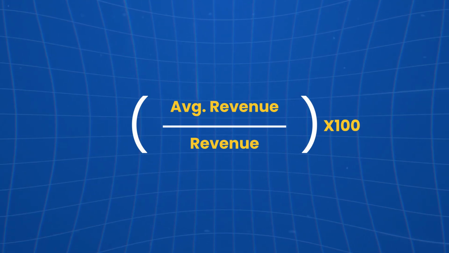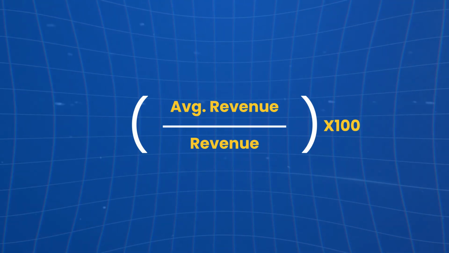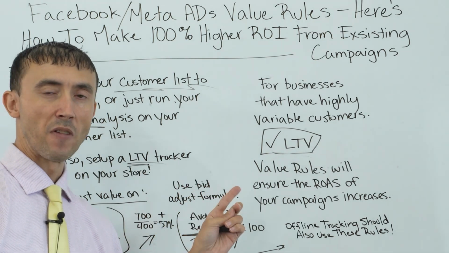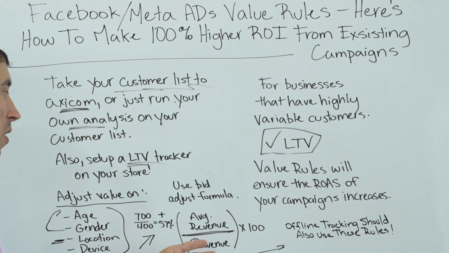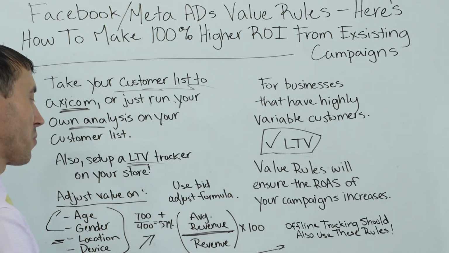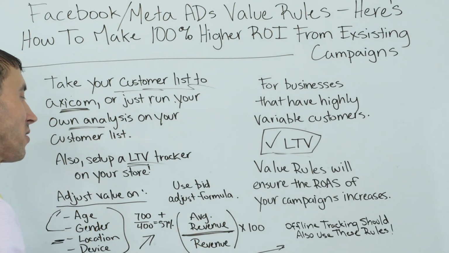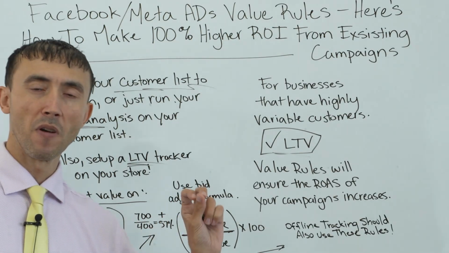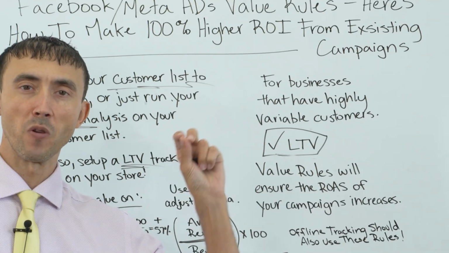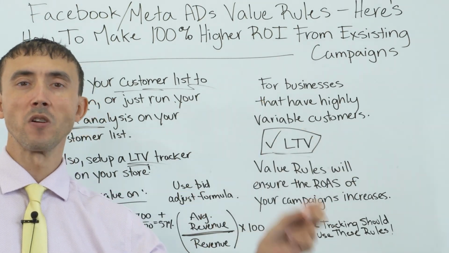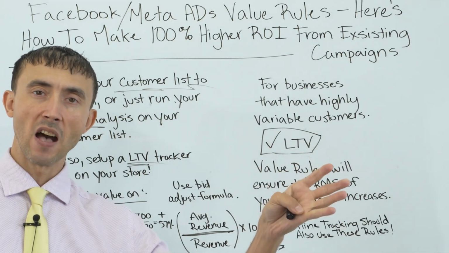So let's say you find out, after getting your data from your store and then going to Acxiom, that 18 to 24 females generate on average 30% more lifetime value of a customer than your average. Put your average plus 30% down here, times 100. That'll tell you your so-called bid adjustment for your value rule, where you assign the female 18 to 24 versus everybody else, if that makes sense.